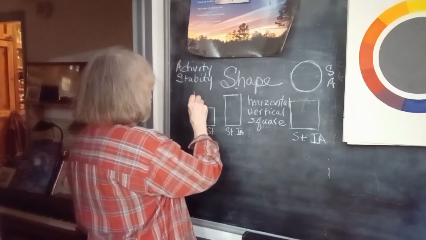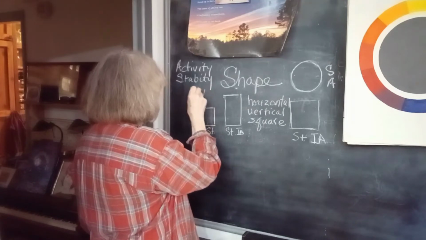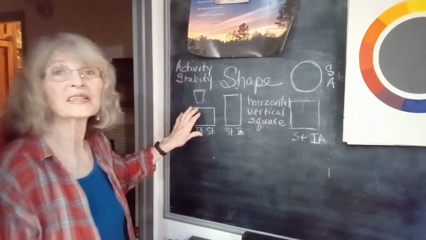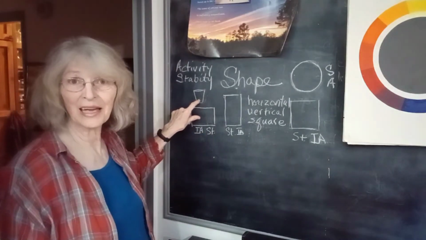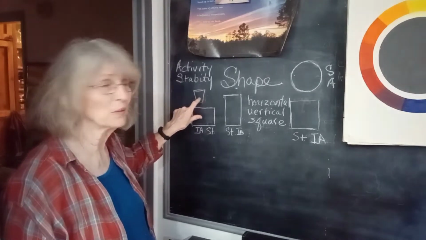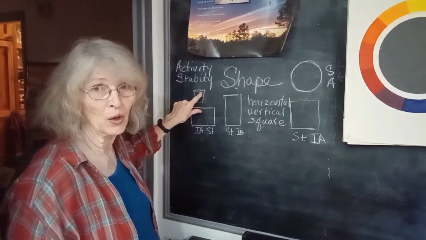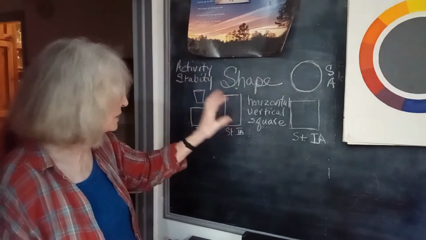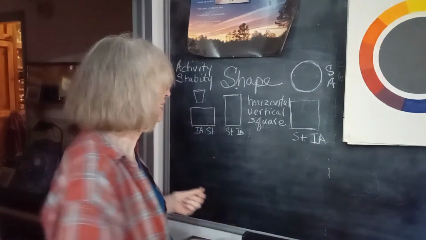Now then, when we come in and we change, say, a glass, this becomes less stable, just almost unstable, but not quite, and it becomes a whole lot more active. So you can kind of look at the shapes and you'll get where I'm going, I think.